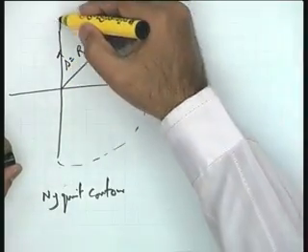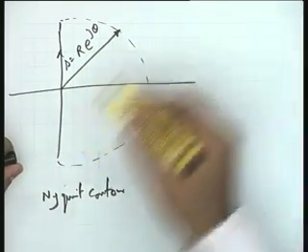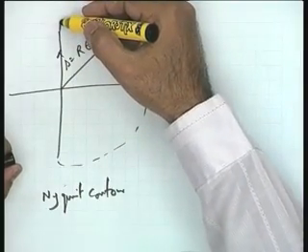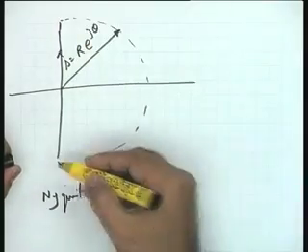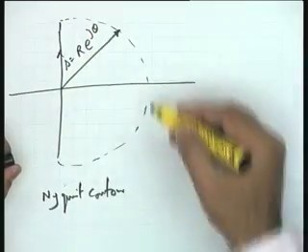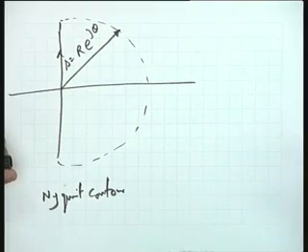So s for any point on this dotted line is r e to the power of j theta, where r tends to infinity and theta varies from plus 90 degrees to minus 90 degrees. This will be the S point when I take up the mapping with respect to the GsHs point.